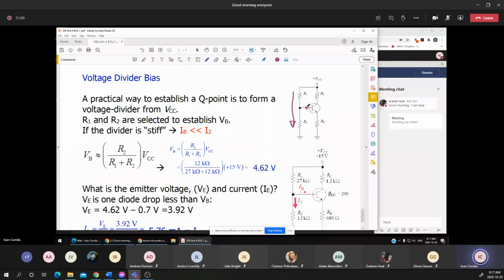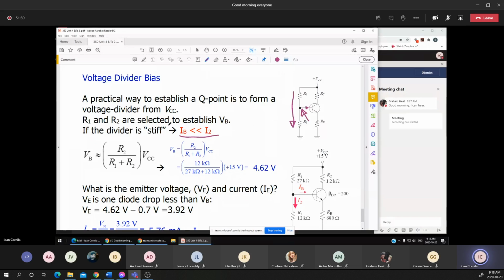It means that if the value of IB is low enough, we can apply the voltage divider rule to determine the voltage at the base of the transistor. The condition is I2 much larger than IB, or in reverse, IB much smaller than I2.